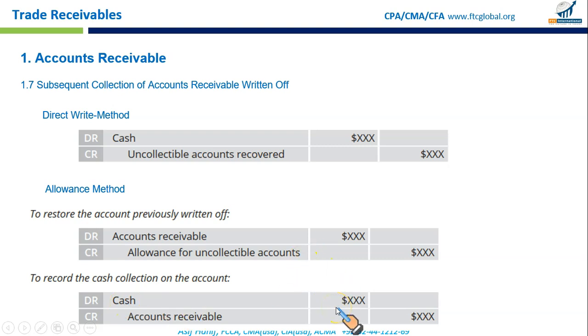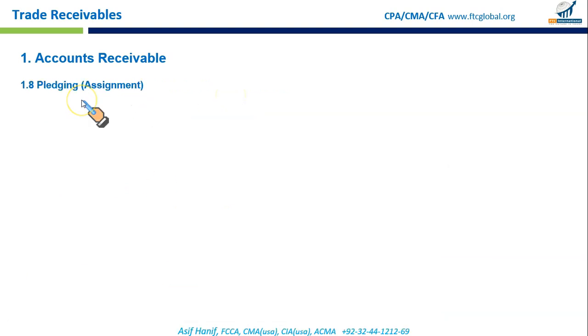So the key point to remember: in the allowance method, when a customer is written off as bad debt, it does not affect your income statement. And when a customer who was previously written off is recovered, on subsequent collection, again it does not affect your income statement.